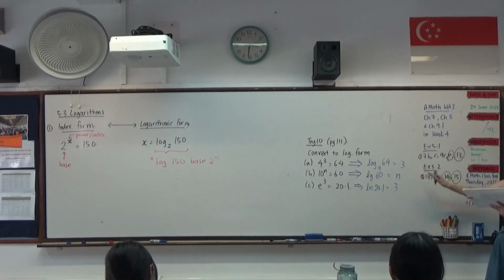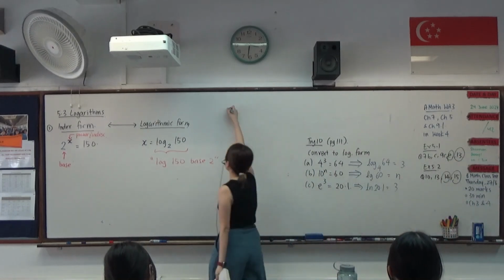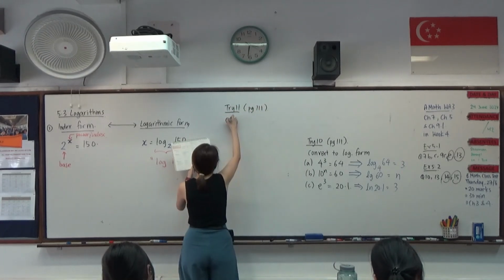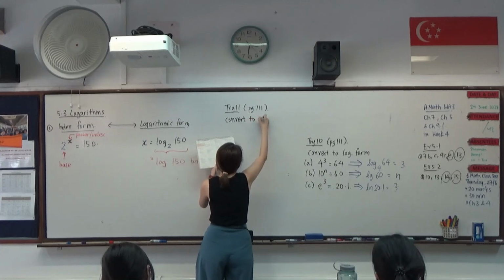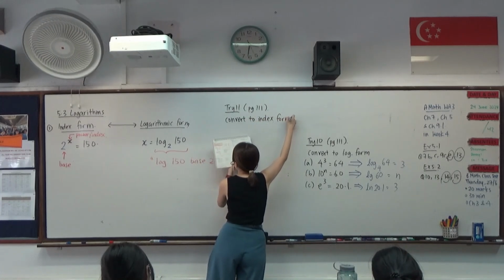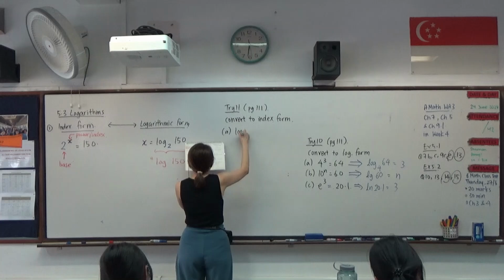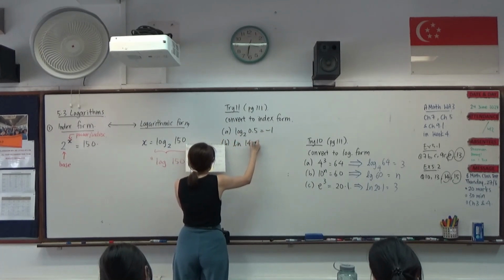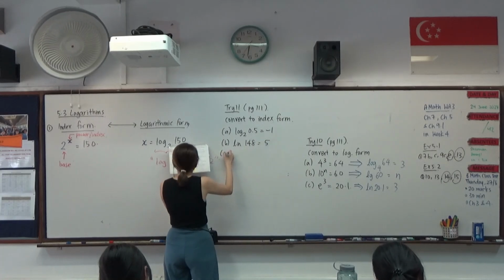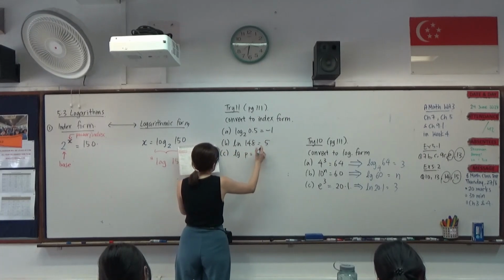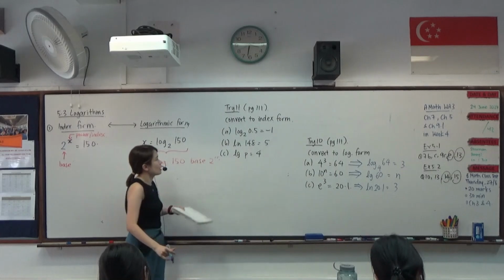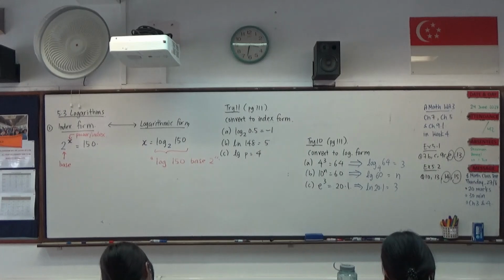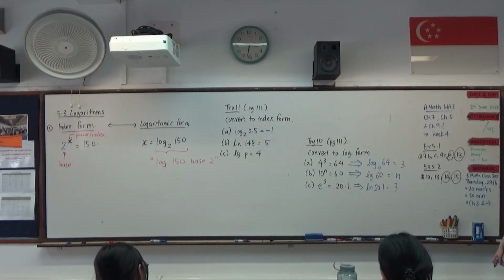Okay, now that we practiced changing to log form, we look at changing to index form. Log base 2 of 0.5 equals negative 1.